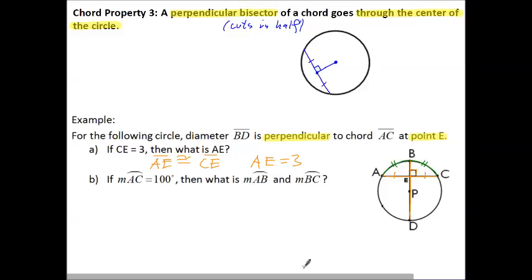And if those two pieces are congruent and they add up to 100 degrees, then each of them has to be half of 100 degrees. That's 50 degrees. So the measure of arc AB is equal to the measure of arc BC, and that is in both cases 50 degrees.